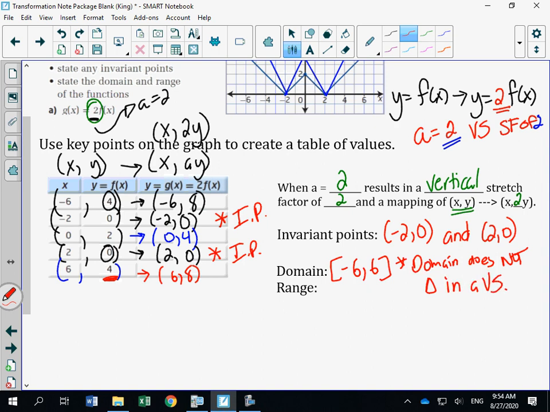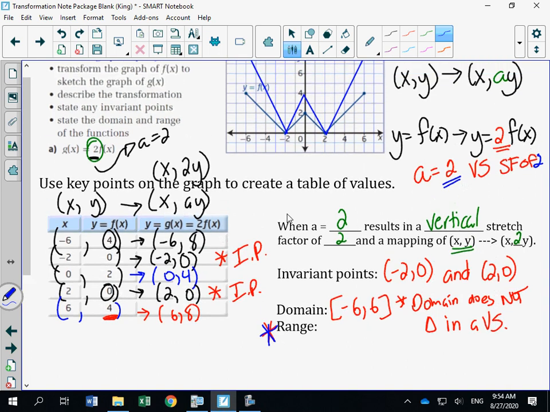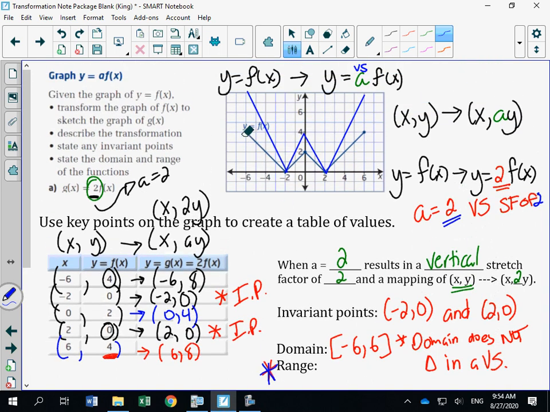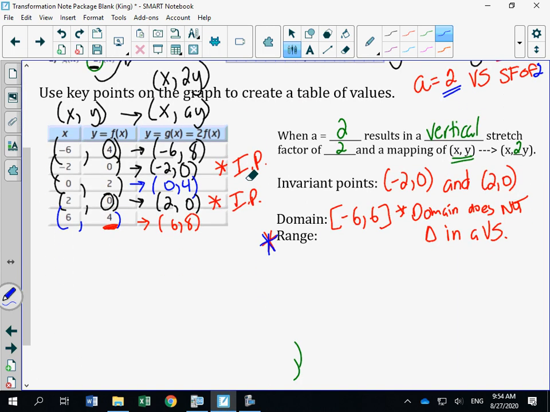Okay. What's affected by a vertical stretch is the range. That's what a vertical stretch changes, is the range. So actually let's write our original range. The original range was smallest y value is 0 and the biggest y value is 4.